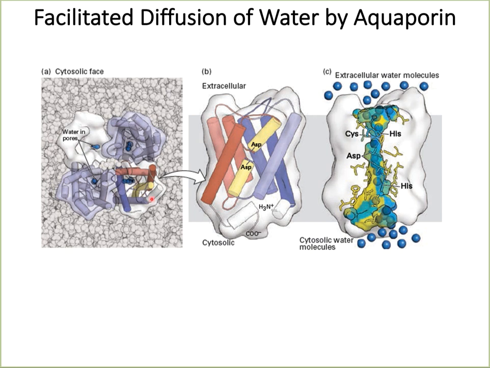The one shown in the picture is a tetrameric protein having 4 identical subunits, and each of them has a hydrophilic water channel in the center, with the water shown as the blue dot. The outside structure contains hydrophobic amino acids to interact with the phospholipid bilayer.